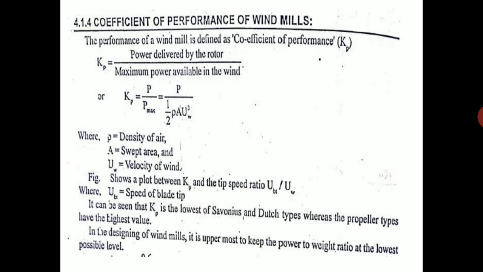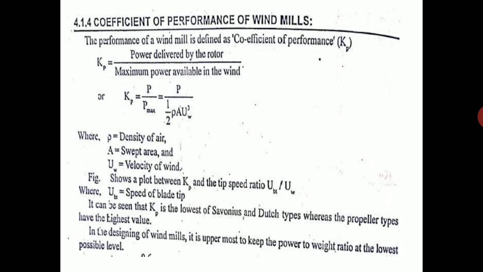The second thing is something called the tip speed ratio. You have big blades, like 50 meters or 100 meters blades, no?